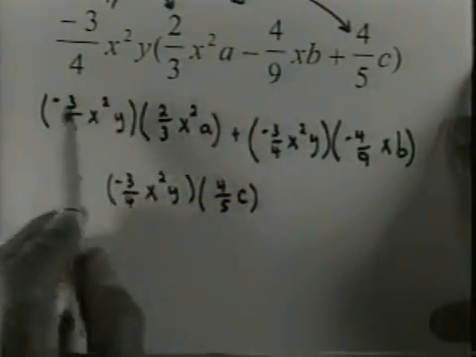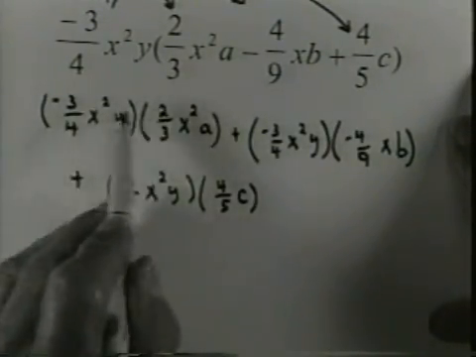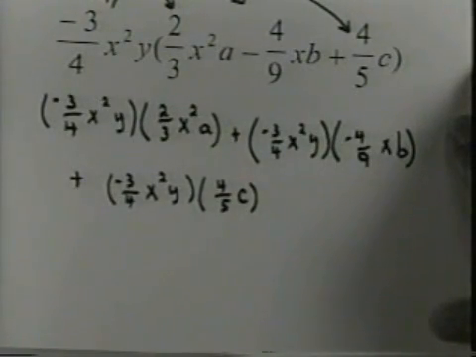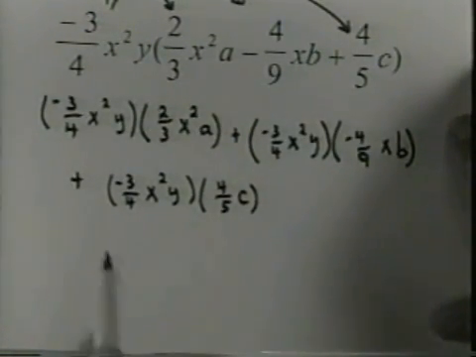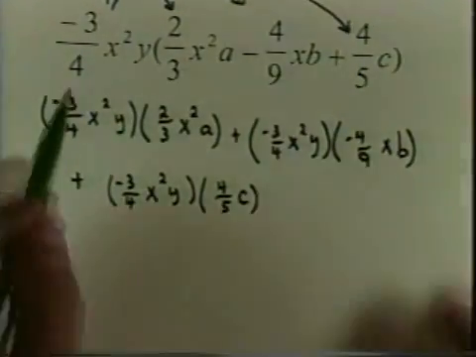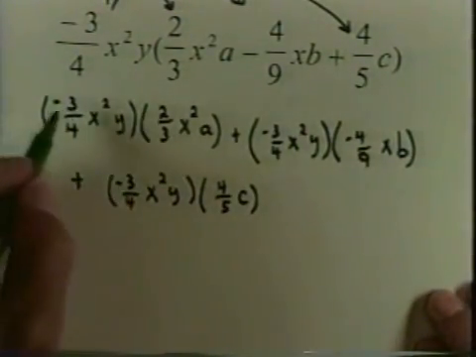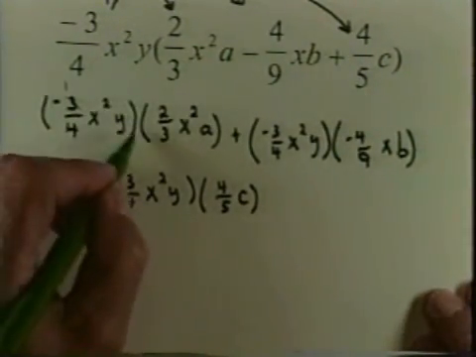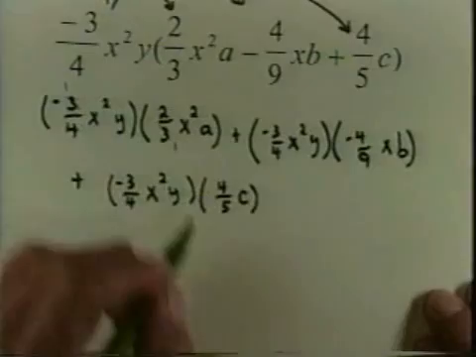Now, of course, to multiply fractions, I multiply the numerator by the numerator and the denominator by the denominator. But we can reduce before we multiply. So I'm going to reduce the 3 and the 3, and that would be a 1 and a 1.